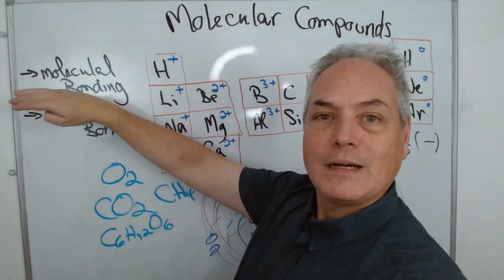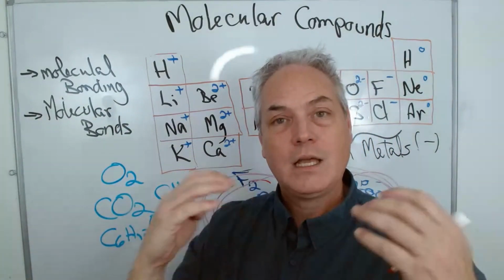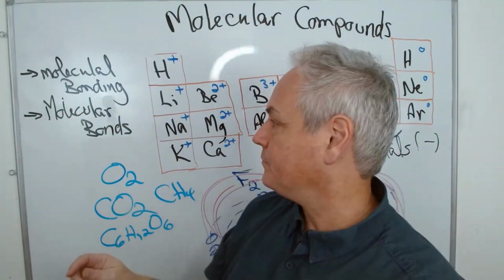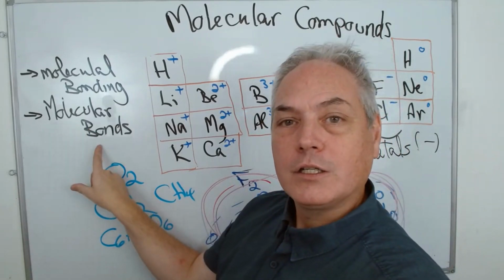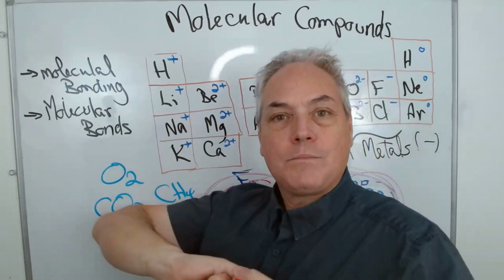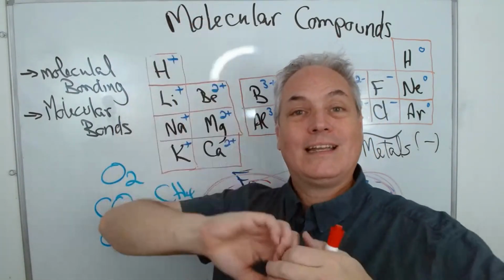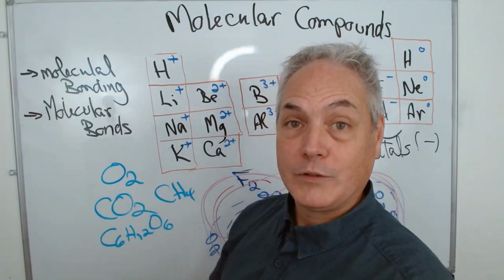Now, when you have molecular bonding, that means that it's the relationship, the connection between 2 or more atoms. And here we have a molecular bond. The molecular bond is what makes a molecular compound stay together. Why? Because there's a molecular bonding between the 2 of them.